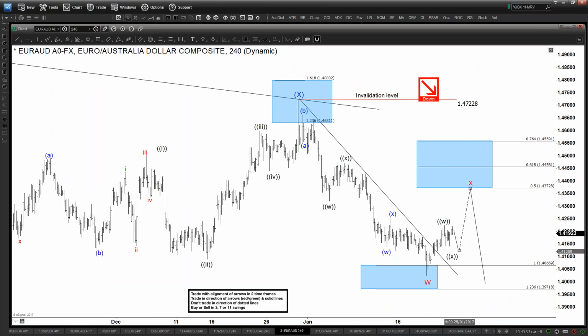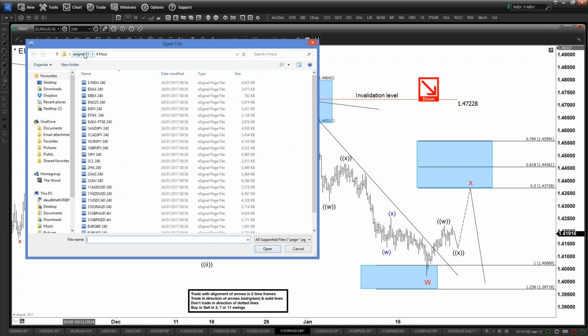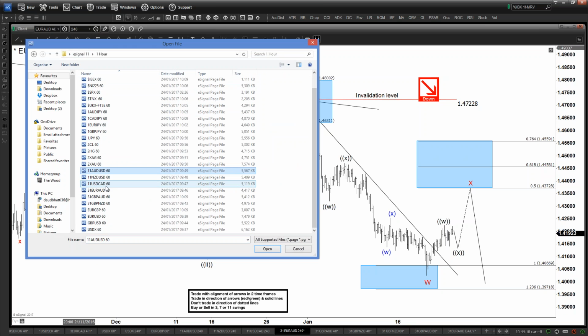It can still make one more push lower in the X wave, right? But based on the Euro weakness a little bit and Aussie staying sideways, because remember Euro Pound also is calling for extension lower. So if we take a look at the Euro Aussie, it may have done a B wave flat in the middle.